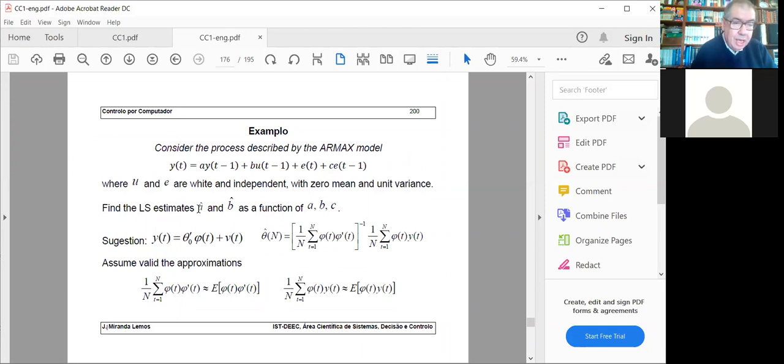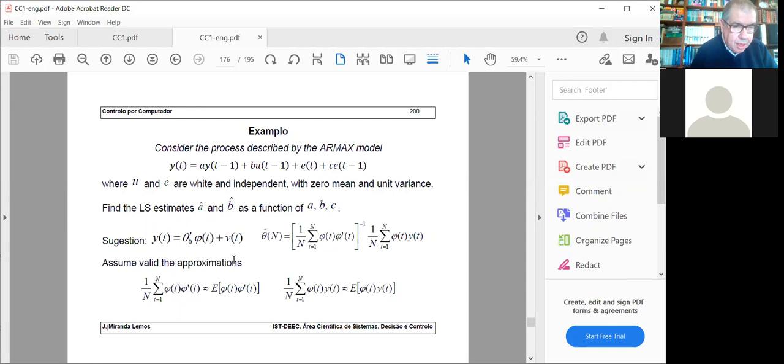Okay? And in this case, since they are independent, this gives zero. So if I compute the expectation of u at some time times e at some other time, that's the product of their expectations. Since they have zero mean, that's zero.